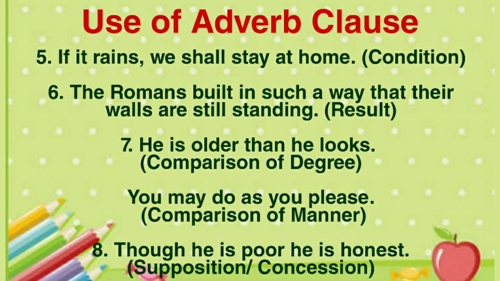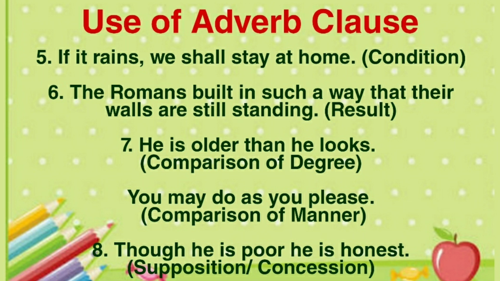Then we shall go to the next, that is adverb clauses of result or consequence. See the example. The Romans built in such a way that their walls are still standing. So these adverb clauses of result or consequence are introduced by the subordinating conjunction that. Frequently so or such precedes it in the principal or the main clause.